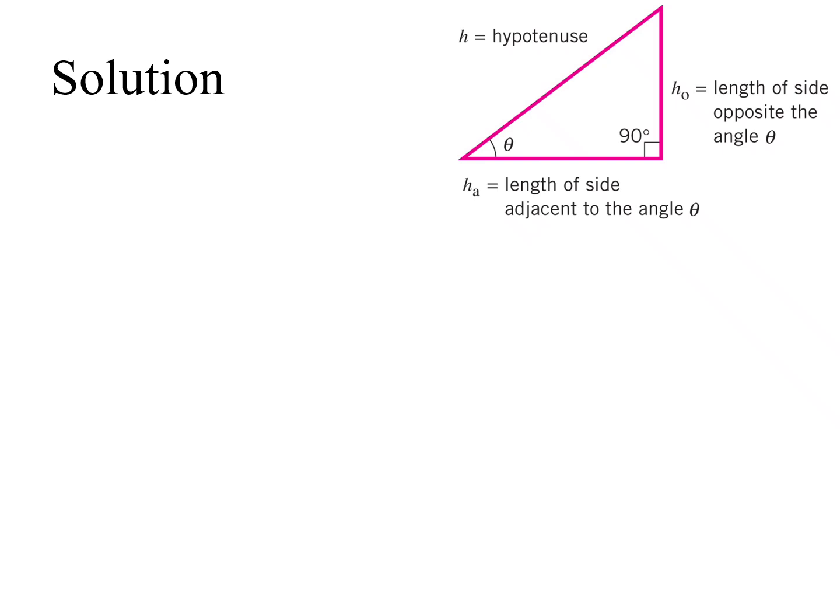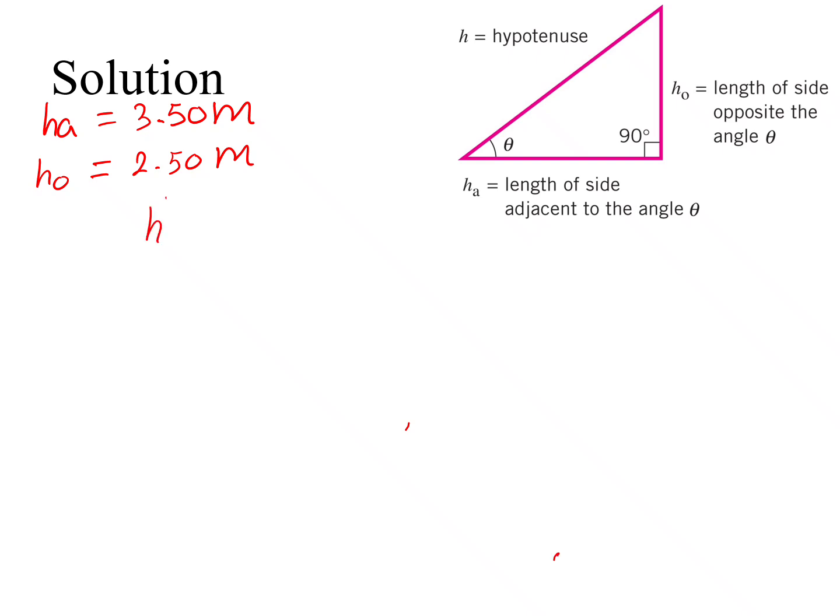First, let's write down the known values. HA is 3.5 meters, HO is 2.5 meters. And then we are going to use the Pythagorean theorem to find the hypotenuse.